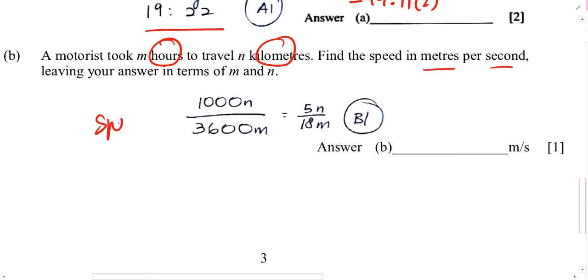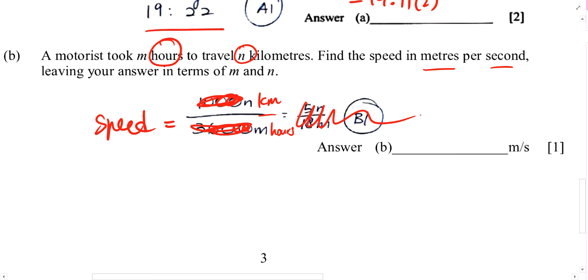Speed equals to distance divided by time. Distance is n. Okay, so we write n kilometers, right? Divided by m hours. Okay, so far? N kilometers over m hours. But they want it in meters per second. So I need to be able to convert my kilometers to meters, which a primary school kid can do.